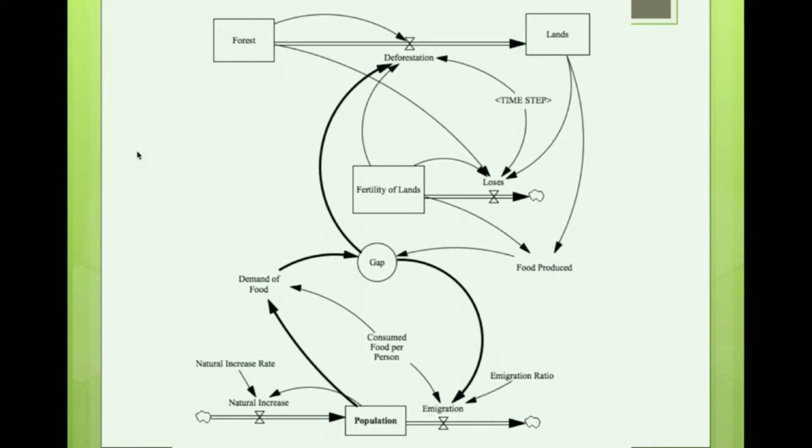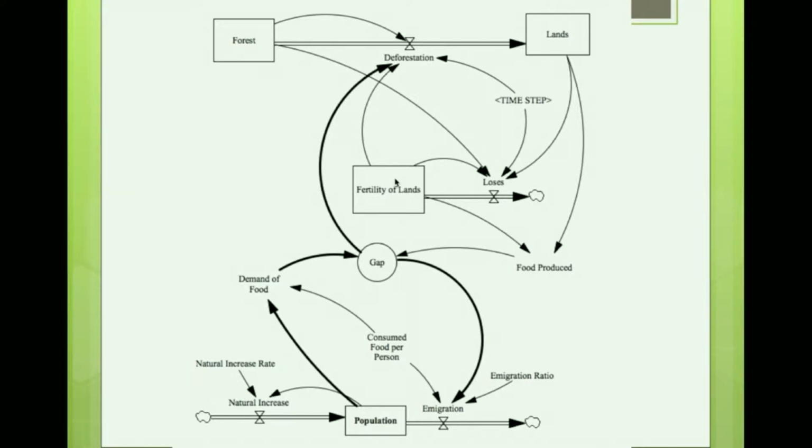So let's take a look at how this flows. Essentially, forests get converted to lands through deforestation. These lands are able to produce food, and over time, these lands also lose fertility.